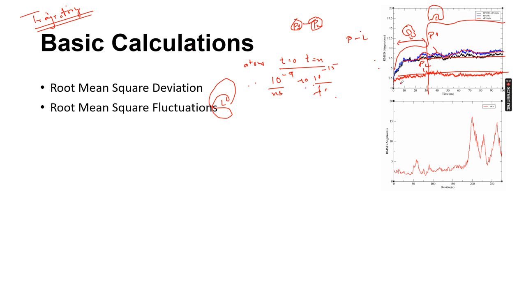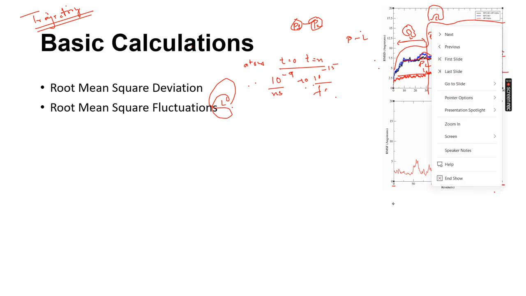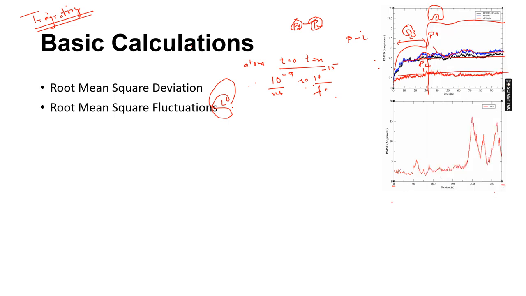In that case we can get individual movement data for each amino acid, how one amino acid is changing its conformation with respect to time. That we call root mean square fluctuation. You can see here I have shown a graph for 0 to around 260 amino acids, and it is more or less a straight line.